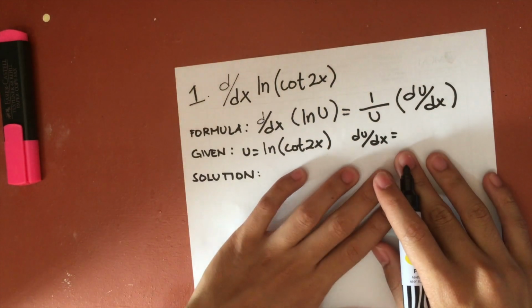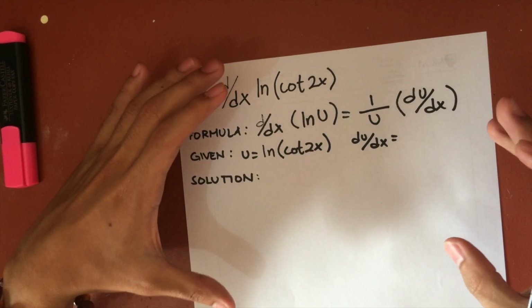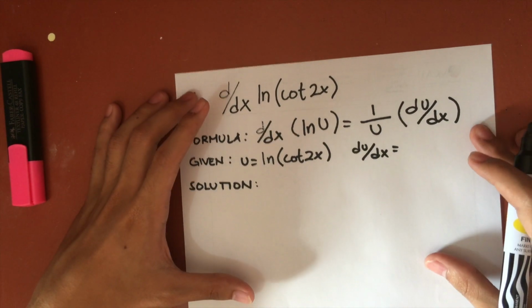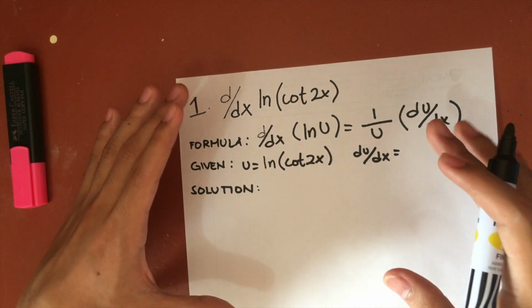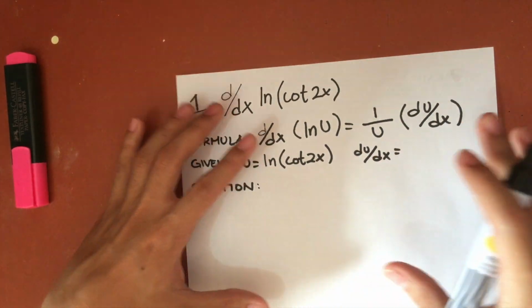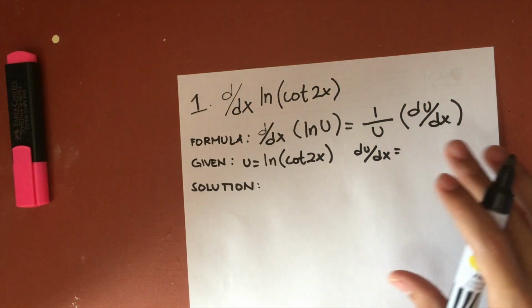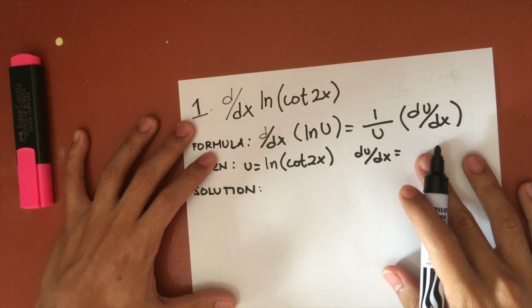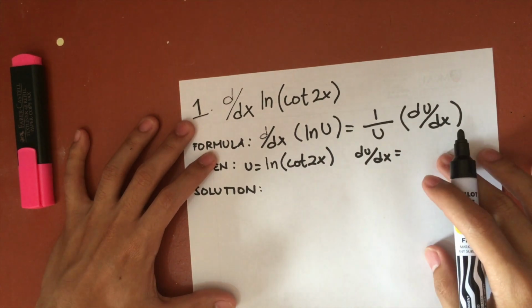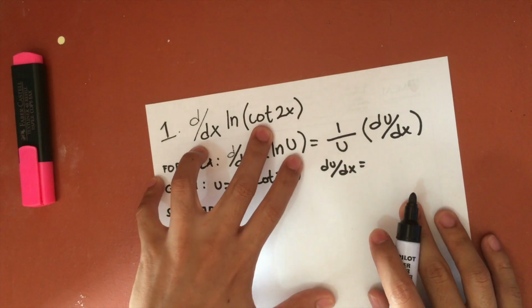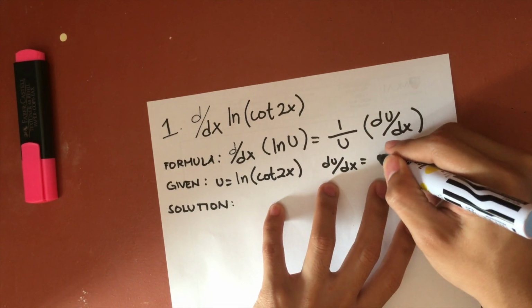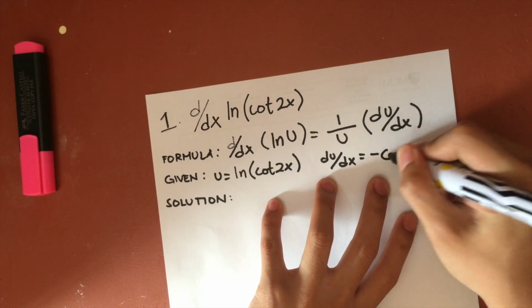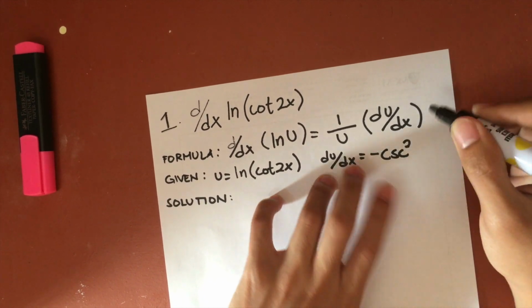As I said, you have to familiarize yourself with and memorize the trigonometric functions so that you can easily solve this problem. Now the derivative of cot is negative cosecant squared, which is here, the cot negative cosecant squared.